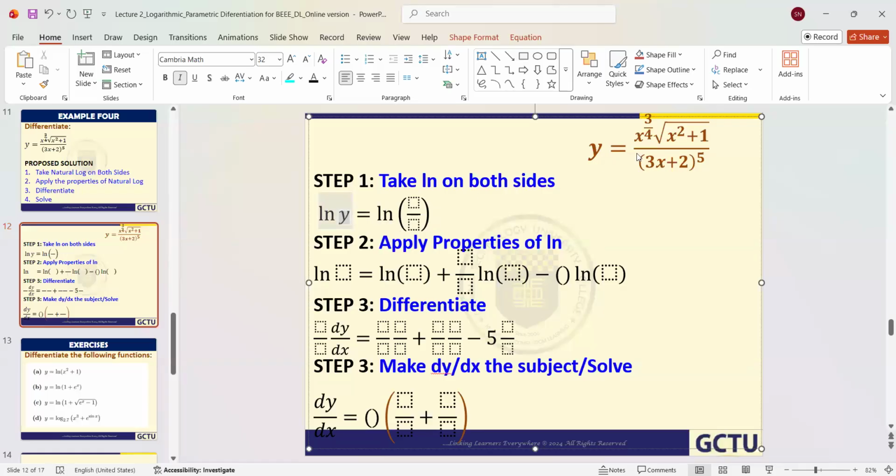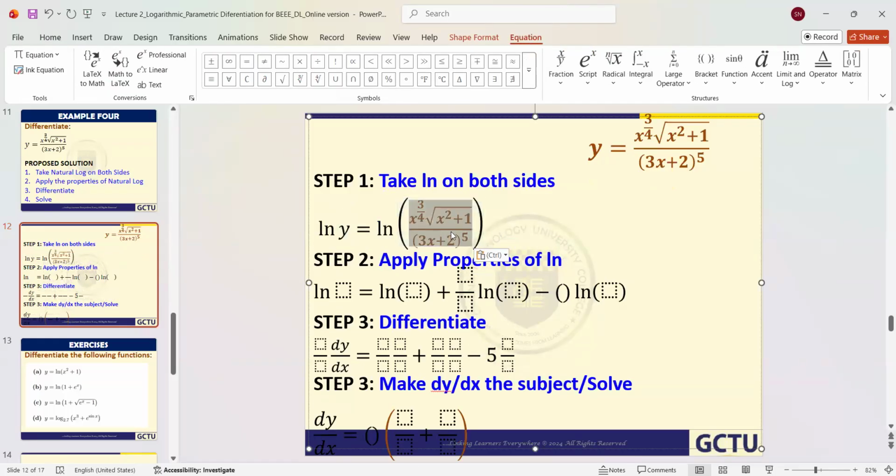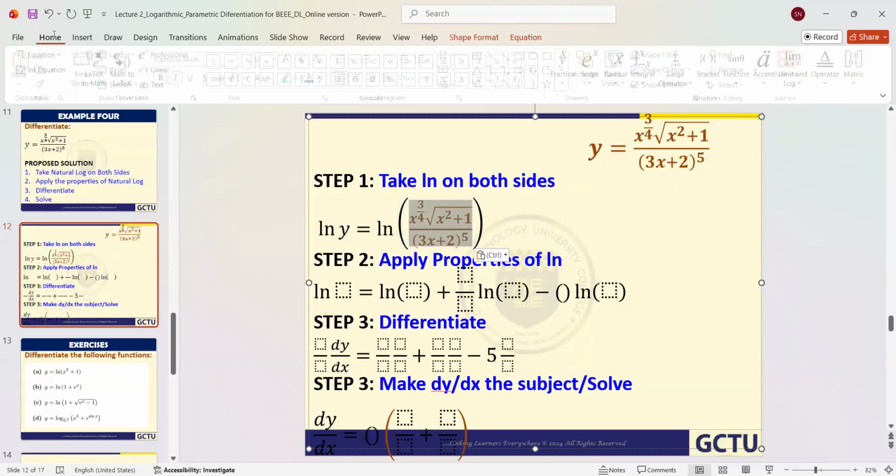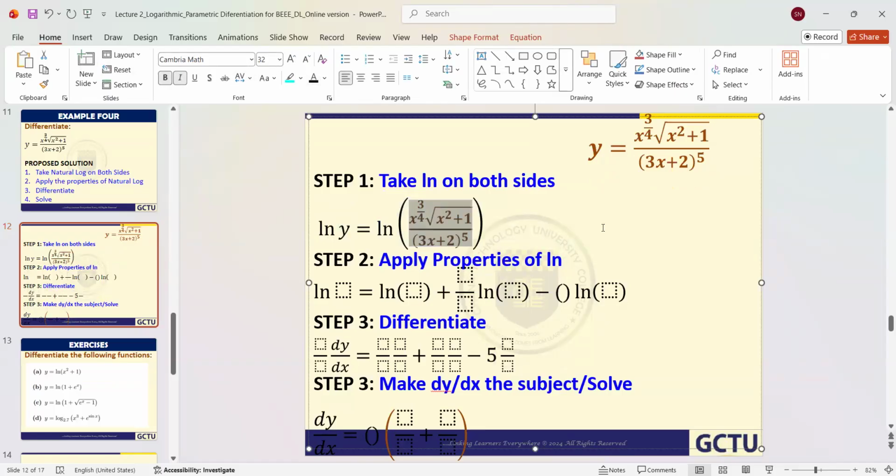And then if you take natural log on whatever I have here, this whole thing is what is going to come up in here. I hope it will allow me to do that. Okay, and then just change the color back to black. So that is taking natural log on both sides.